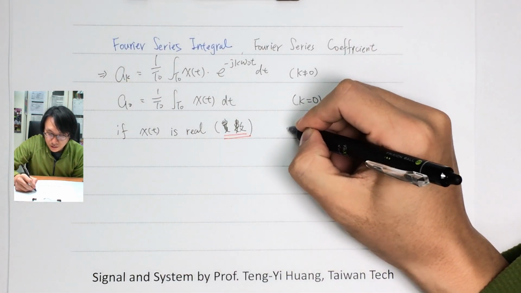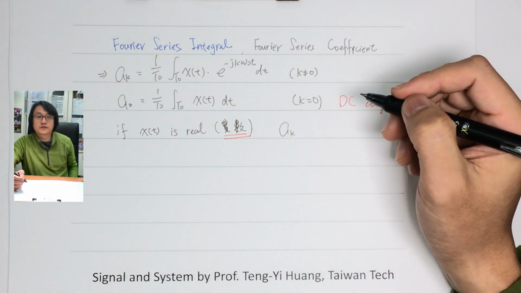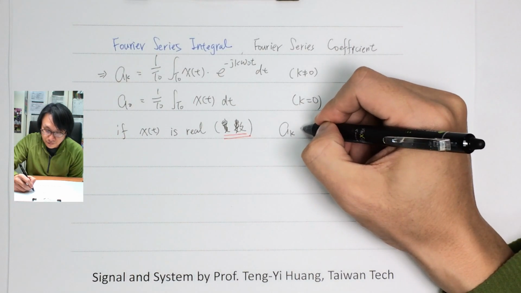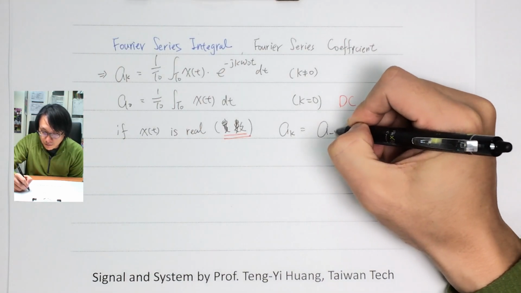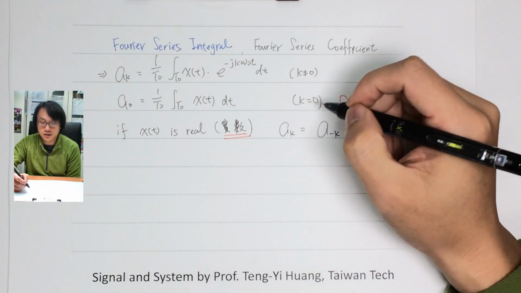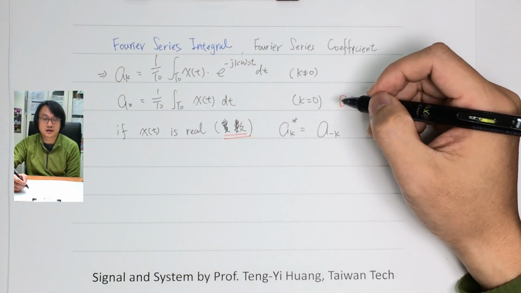The coefficient at the kth harmonic in the Fourier series and the coefficient at the negative kth harmonic in the Fourier series are complex conjugates of each other.